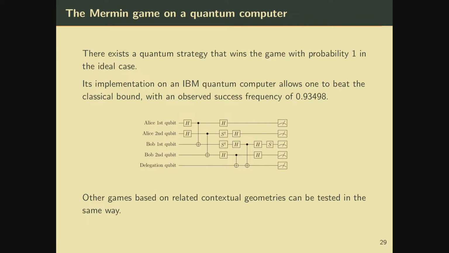entangled state. And so you can play the Mermin game with a circuit like this, and what we proved is that we were able, on a real quantum computer, to win that game with frequency 0.93, which is bigger than 8/9. And this test of contextuality is even more exciting than the inequality by itself, because here you do have a real protocol, something you cannot do in the classical world, winning this game, that you can win with quantum resources.